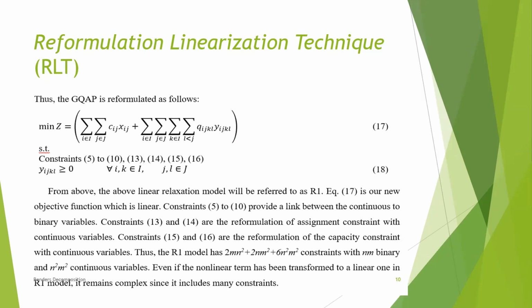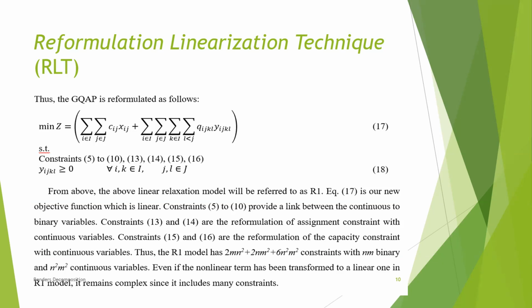So, using this new reformulation, we can define a linear model for the GQAP. So, the first model can consider all equations. However, this model has many equations and many constraints, and we know that more constraints make the problem difficult and increase the CPU time.